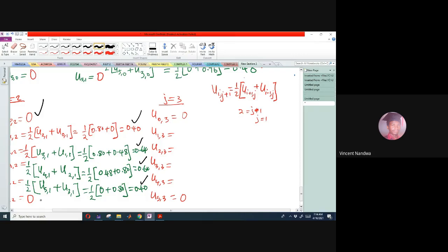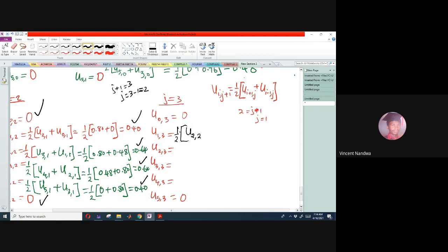And then the last case, remember we use the same formula here. So it's a half, i here is 1. So put here 1 plus 1 is 2. So u(2,2). Because every value here, you put 3 equals j plus 1, so j equals 3 minus 1, which is 2.